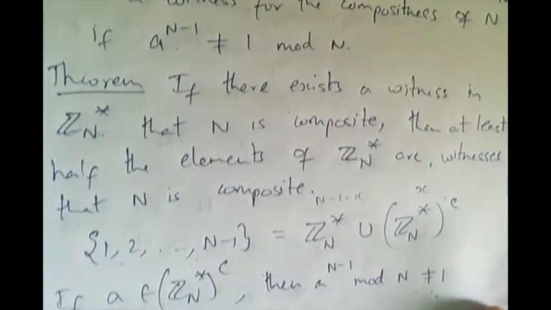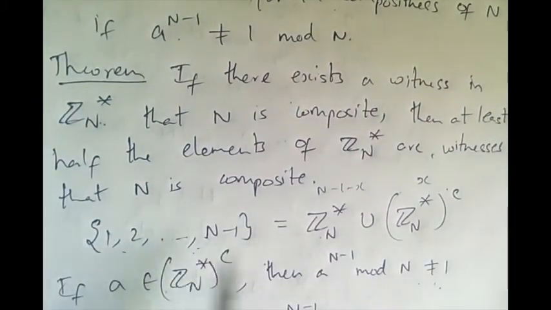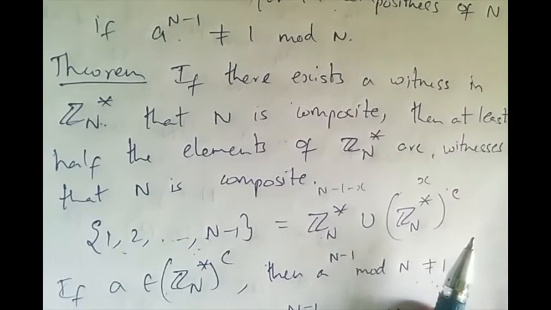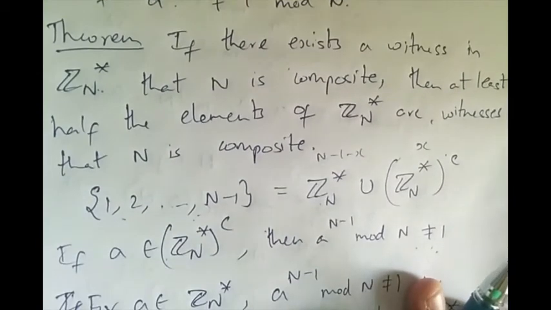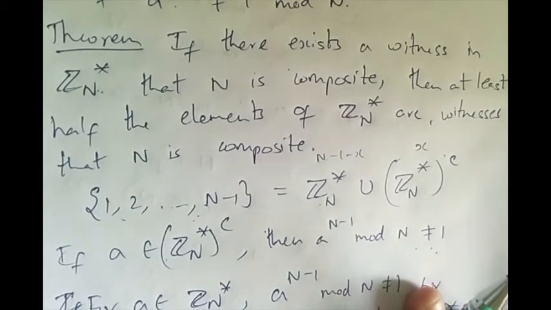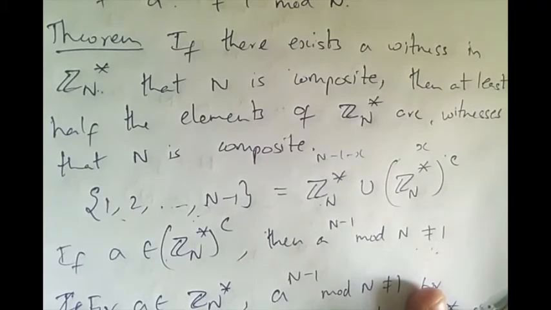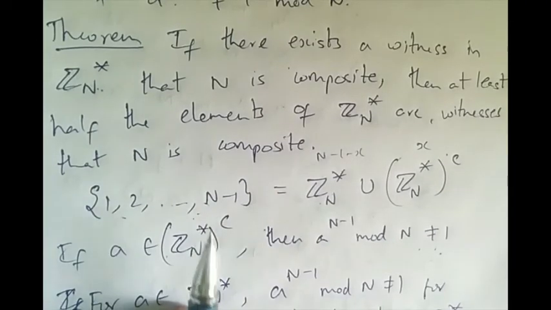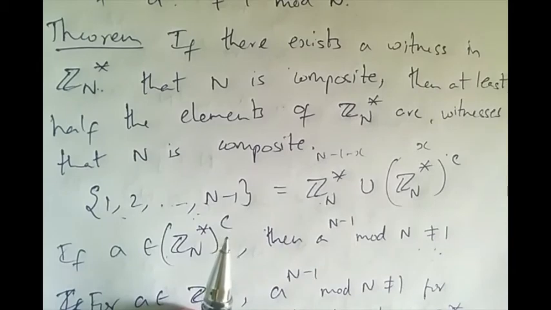Which means that randomly choosing elements from this set and checking the inequality, if n is composite, each trial will succeed with probability half, and it will fail with probability bounded by half. So if I do 100 trials, then the probability that it will fail in all 100 is negligible. It will be 1 over 2 raised to 100. So we can use this way to check the primality of n. Okay.